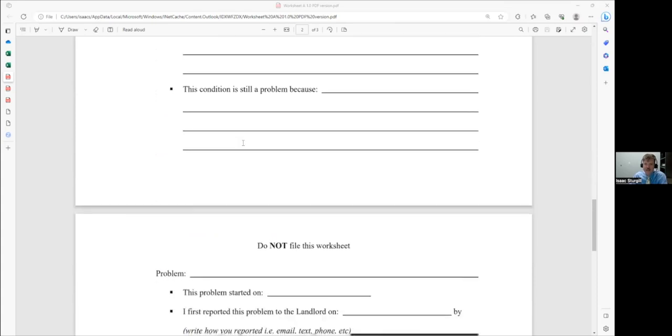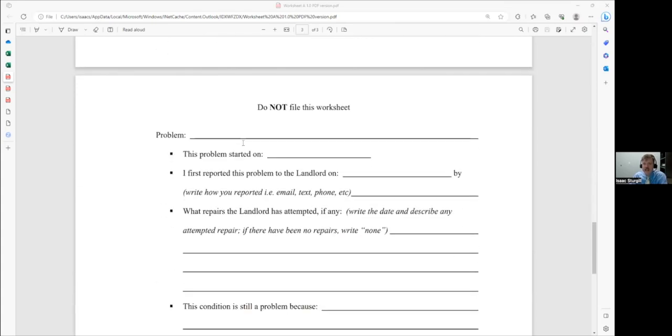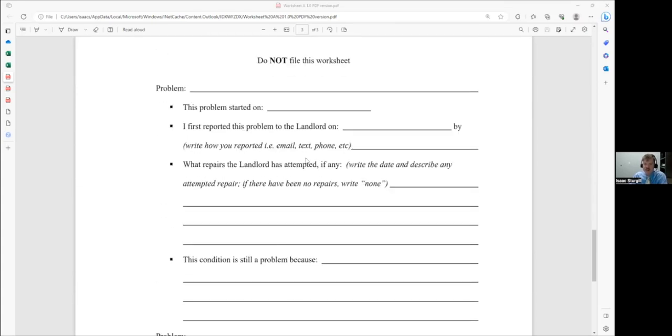And that's a really good way to keep organized, because when a tenant goes into court to pursue this claim, and when the actual trial happens, the tenant's going to need to walk through all this information with the judge, talk about every single problem they've been dealing with.